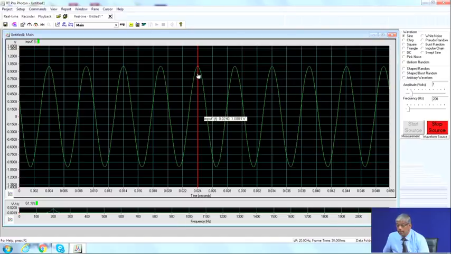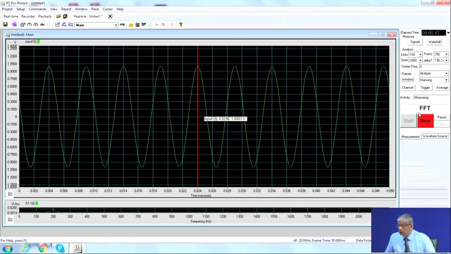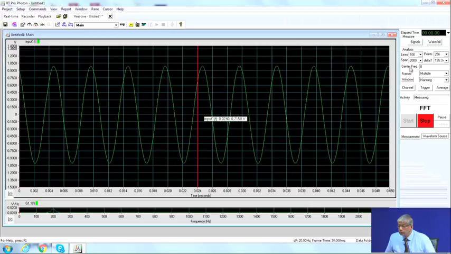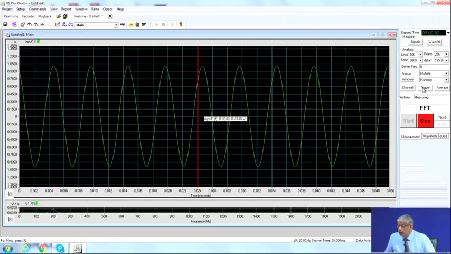See that point? So, I am generating for 200 hertz a sine wave of 1 volt peak amplitude. And then I will go to measurement. I can stop it. I can now generate different waveform types also.